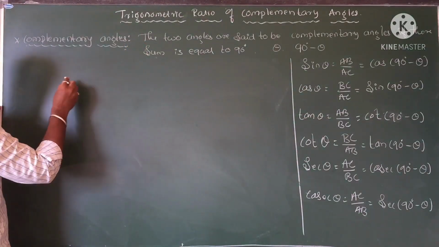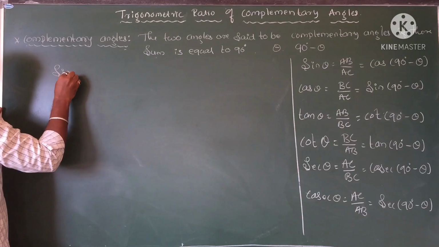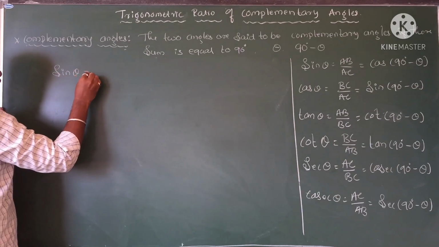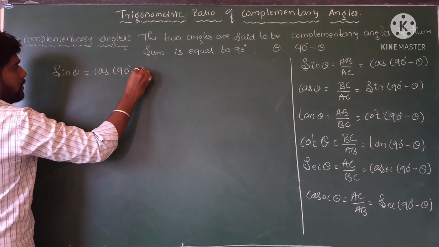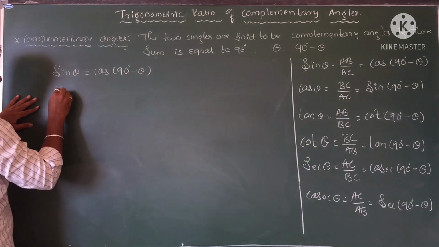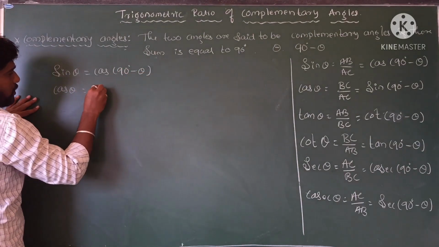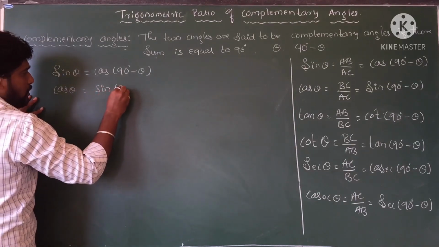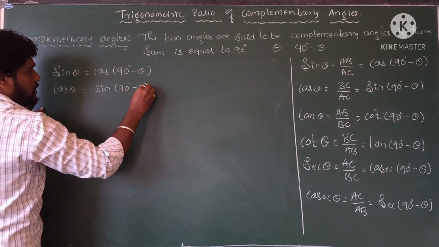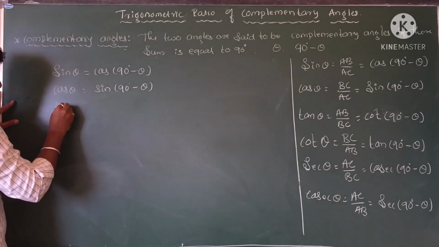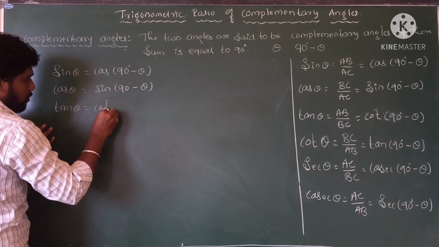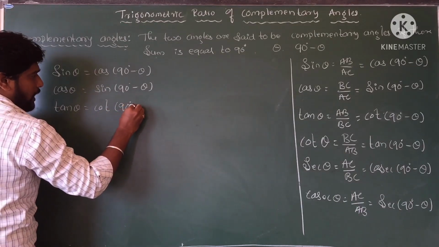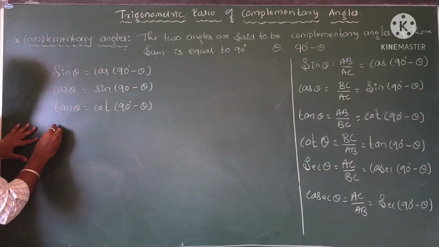So directly we can write here, sin theta is equal to cos 90 minus theta. Cos theta is equal to sin 90 minus theta. Tan theta is equal to cot 90 minus theta.